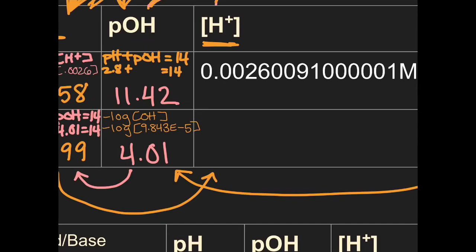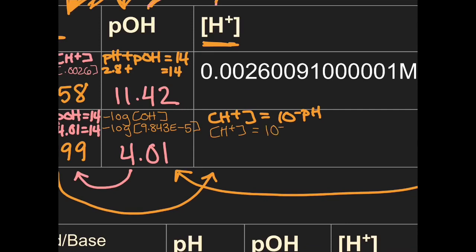That's where I'm using my H plus concentration equals 10 to the negative pH. All right, I would suggest you have these written down. It's going to help you because as you're going back and forth, you may get jumbled up with what equation you're on. So just write it down so that you can see when you're using the 10th power and when you're using negative log.